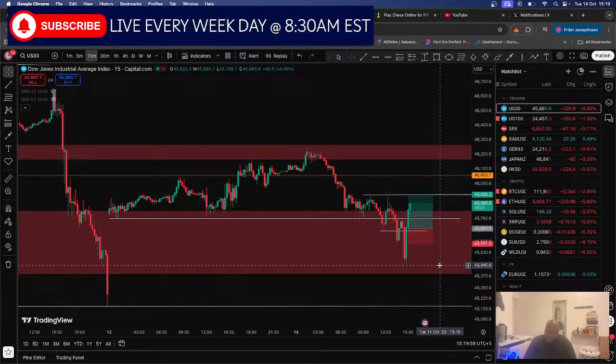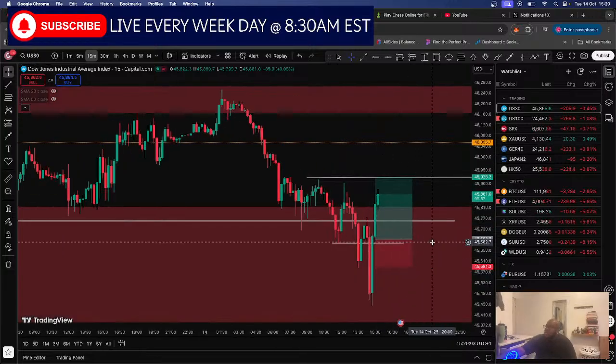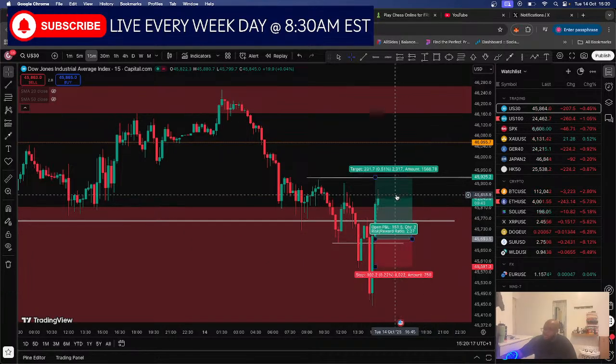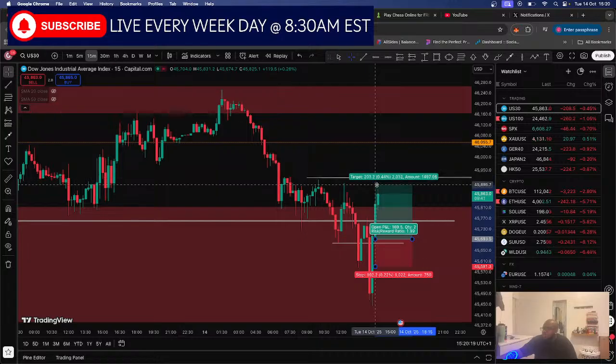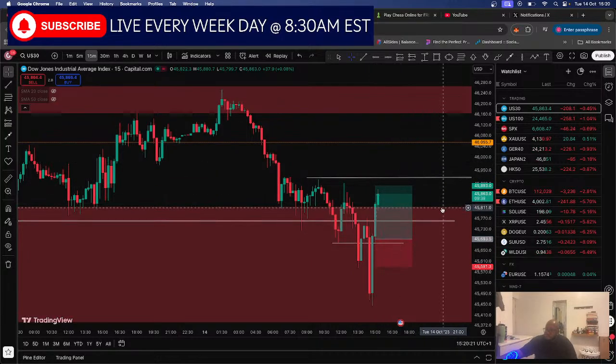Alright, we're beginning to approach my target, so as soon as we hit the target, I'm going to call it quits for the day. It's not too bad. Not too bad at all. And this is wrong. This is supposed to be 200 pips.